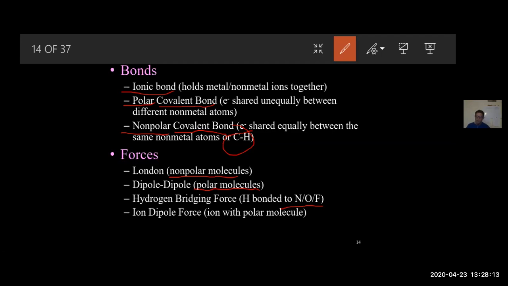So yes, they do have dipole, but they have one more force that's even stronger than the dipole. And then finally, ion dipole forces deal with a particular ion interacting with a polar molecule. And 99% of the time, you're dealing with water. Water is obviously very polar.